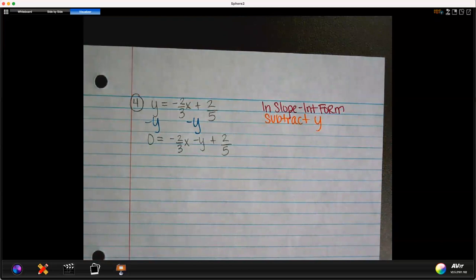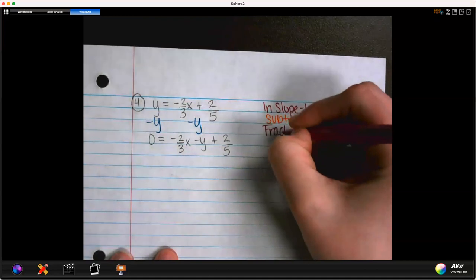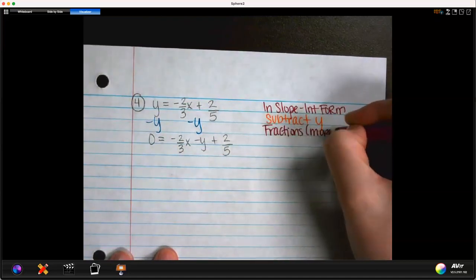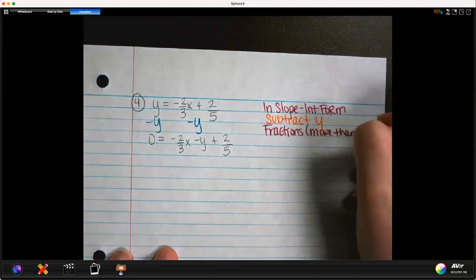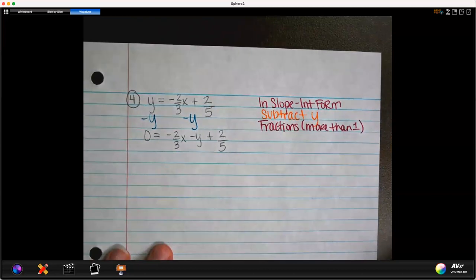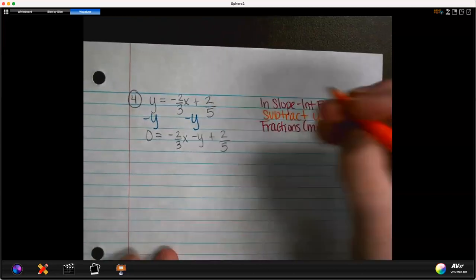All right, what is my next issue I should address? We got fractions, we got more than one of them. And what is my solution for when I have more than one fraction? Multiply by the LCM, good.